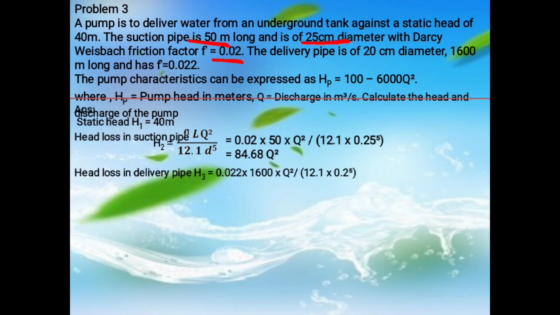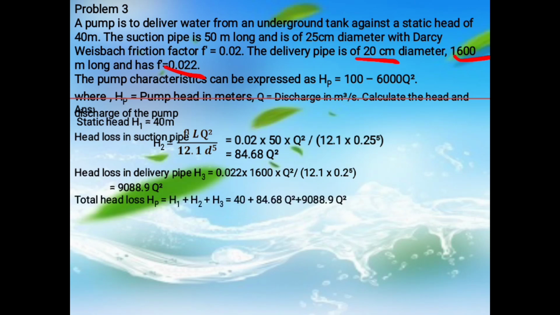Then head loss in delivery pipe, that is denoted by H3 equal to same equation 0.022 into length is 1600 into Q square divided by 12.1 into 0.2 raised to 5. Then that equal to 9088.9 Q square.